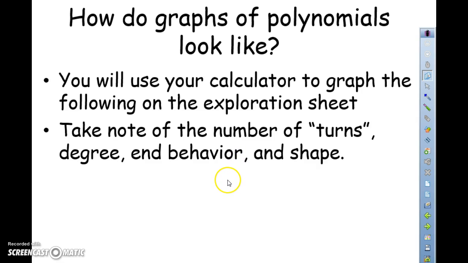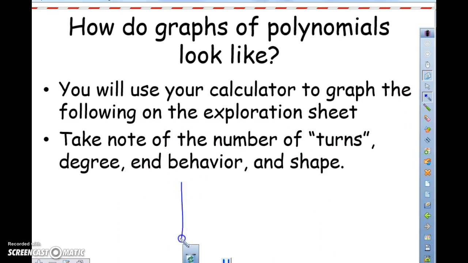Okay, then you're going to be doing the paper with your calculator, which is the chart, and you're looking for the number of turns. You're looking for the degree. The end behavior. End behavior means what's happening on the left side and the right-hand side. So let me give you a quick example.